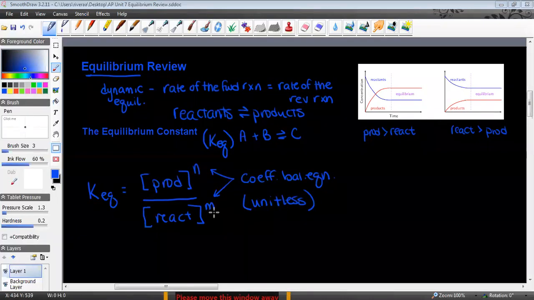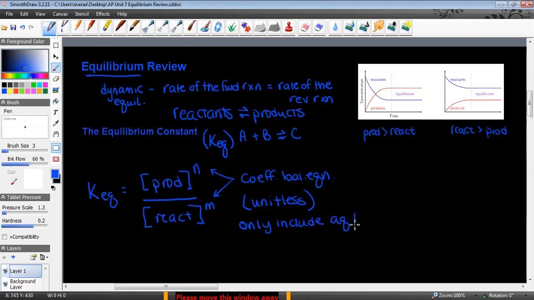We only include aqueous and gaseous species. We do not include solids and liquids, because solids and liquids have concentrations of 1. They're pure, so they're not going to affect your equilibrium. So we only include aqueous species and gas species that have pressures.